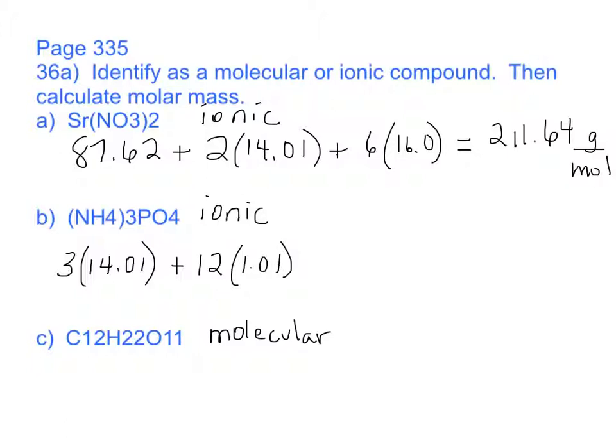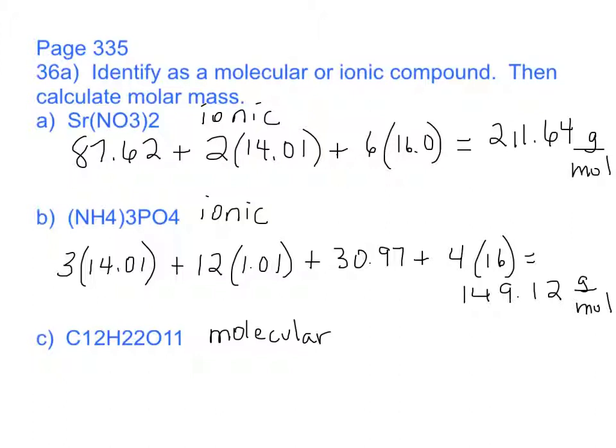Some of you are going to start to remember some of these masses, especially hydrogen, because we use it all the time. Phosphorus, we'd probably need to look that one up, and that happens to be 30.97 plus 4 times 16 for the oxygen, and that total will be 149.12 grams per mole.